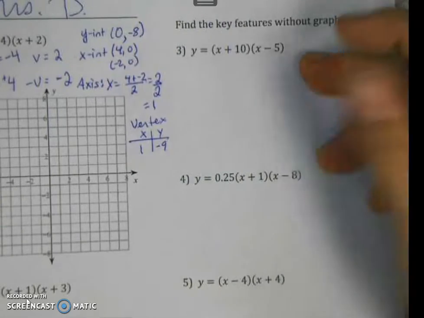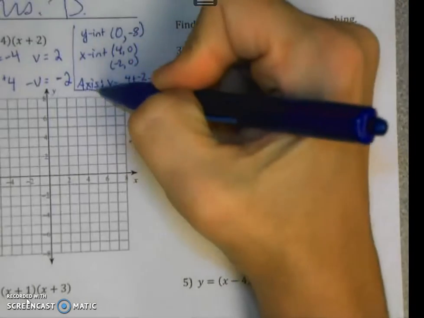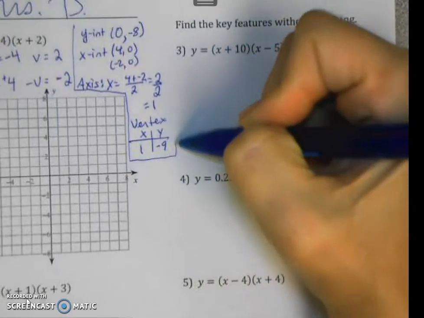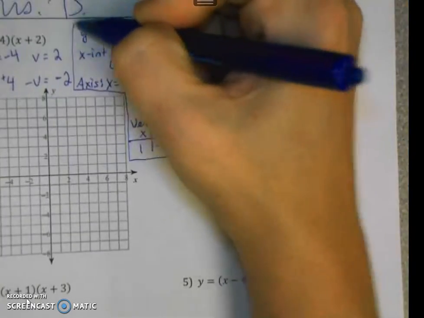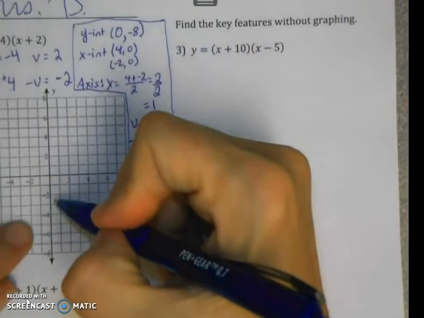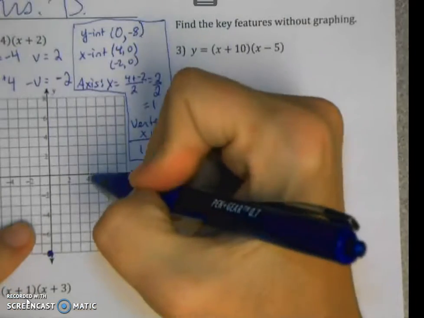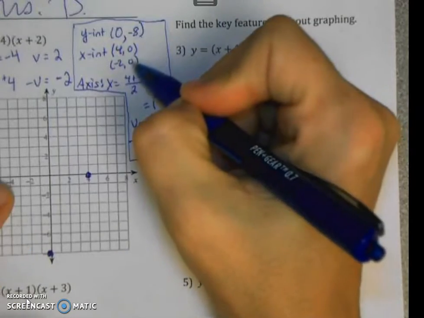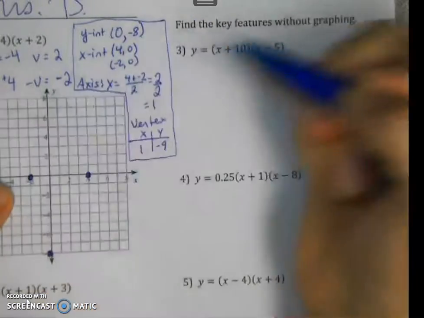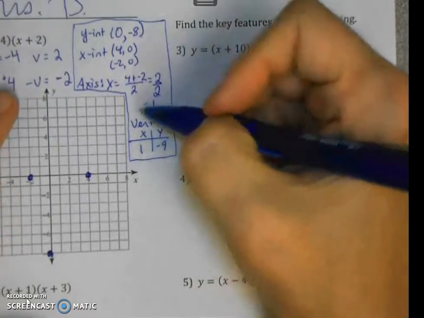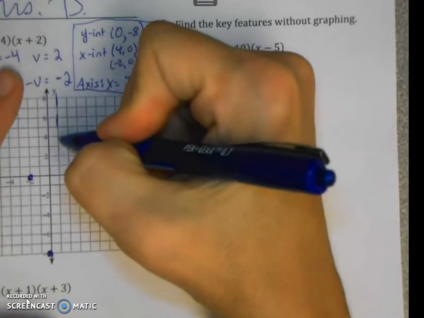So to graph these 4 things right here, y-intercept is down here at -8. X-intercept is at 4 and -2. The axis of symmetry is at 1, so I'm going to go like this.